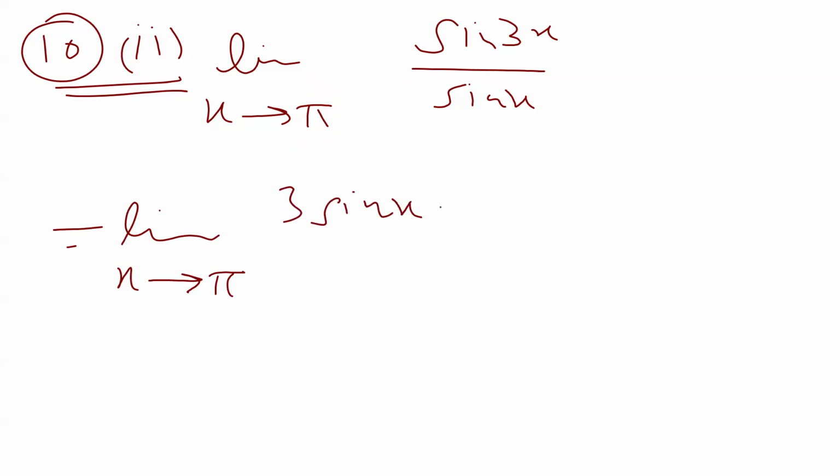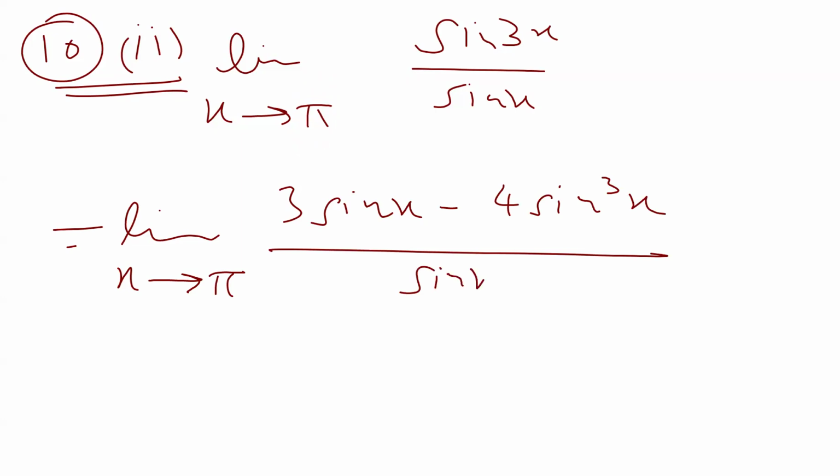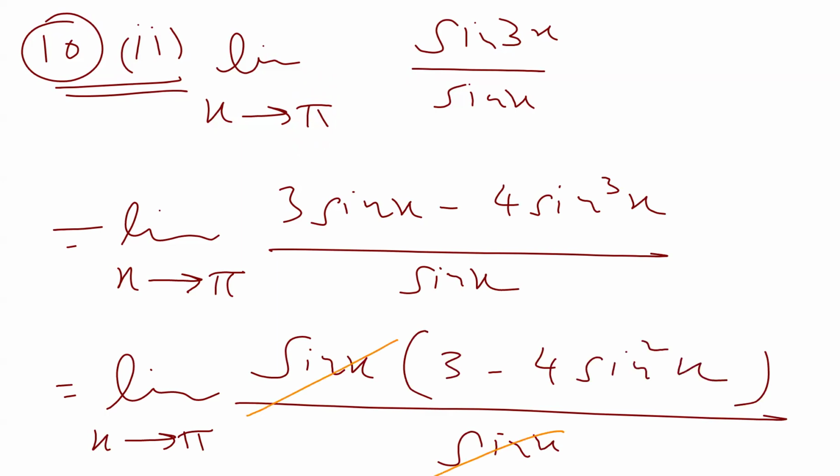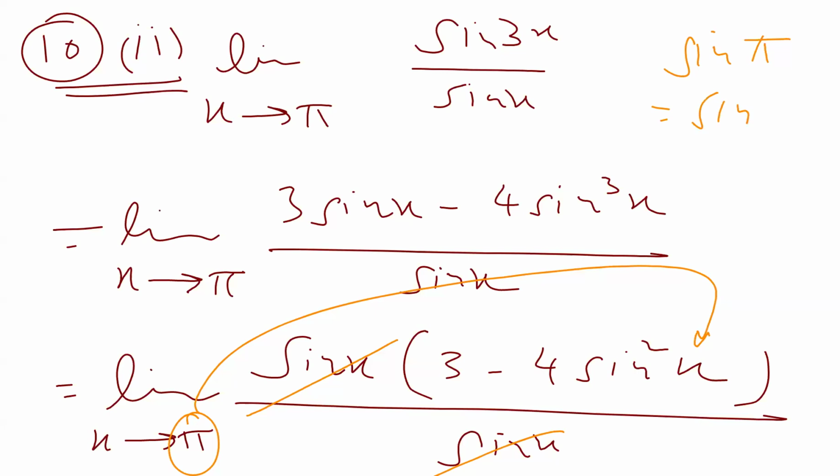Triple angle formula. So limit x approaching pi, take sin x common. So it will be 3 minus 4 sine square x. Now you can cancel out the sine. Now you can put the value of x as pi over here. So sine pi is sine 180 and sine 180 is 0.